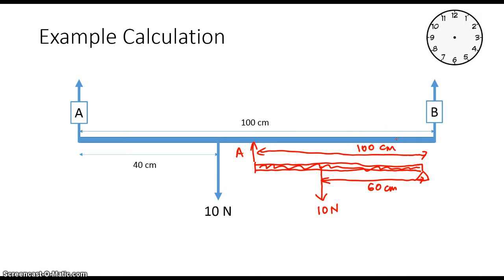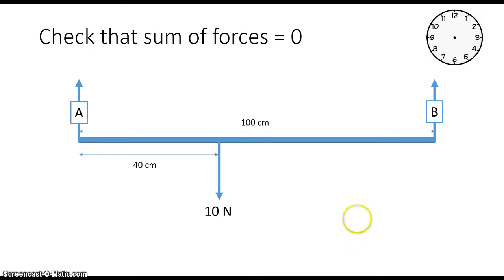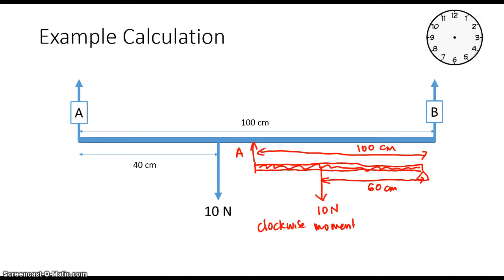Now again, let's look for the clockwise moment. Now that I've changed my pivot, the force that gives me the clockwise moment will change as well. You see that A goes upwards, and if the pivot is here, it tends to turn in this direction, which is the same direction as the clock. So my clockwise moment is now A times 100 cm.